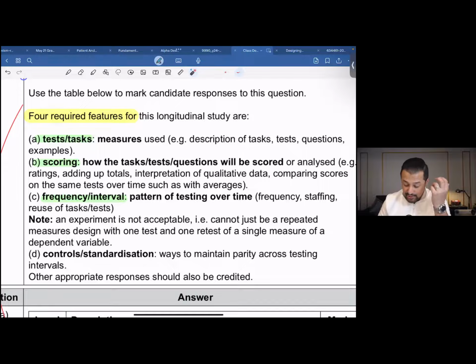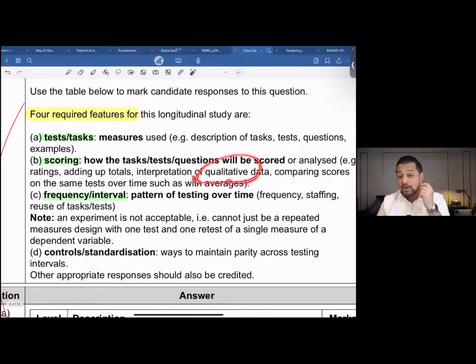Especially with qualitative data, analysis is not as easy as analysis of quantitative data. If you have the same people with you throughout the research period, it would get easier to maintain standardization. So frequency we've spoken about, staffing we've spoken about, reuse of the tasks or the tests, whatever the ways through which you're collecting data, would you keep on reusing that?